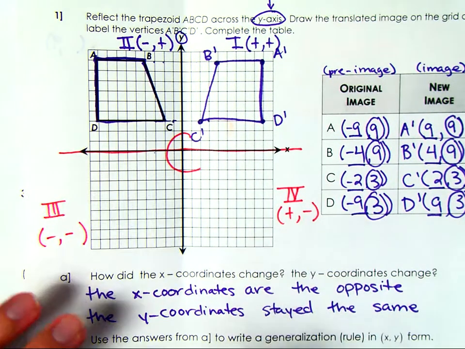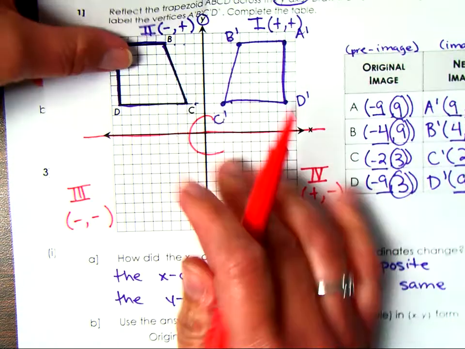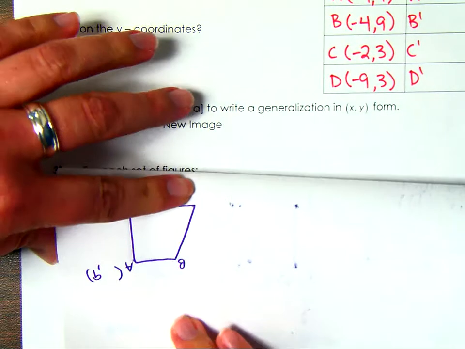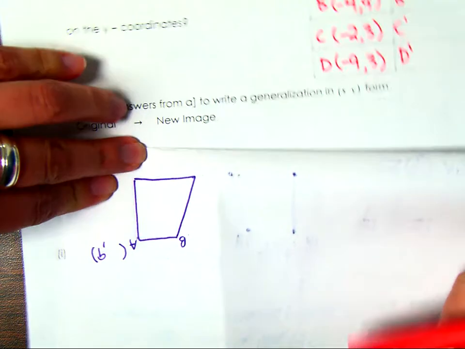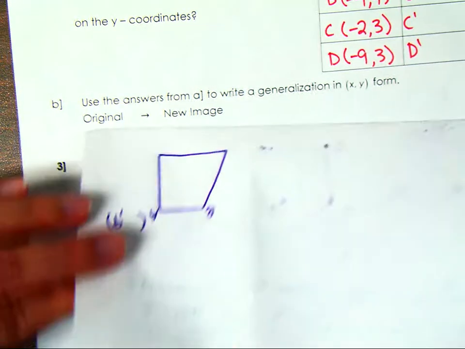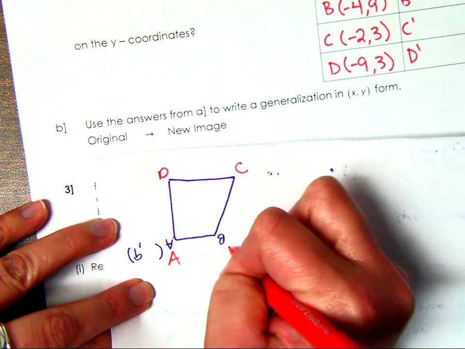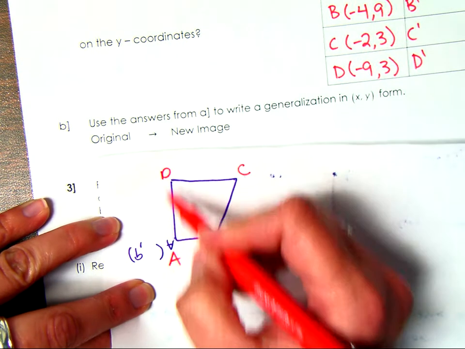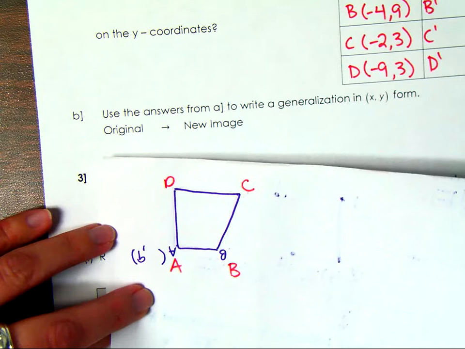So that just kind of helps us out when we're going to do this. So before I even translate this, or not translate it, when I reflect it, because translating, remember, means I slide. If I were to fold this over this line right here, like that, well, now A is here, this was B, and then this was D, and this was C. So that purple is when we did the x. So we can see that from left to right, they're staying over here, and then it's just going down like that.